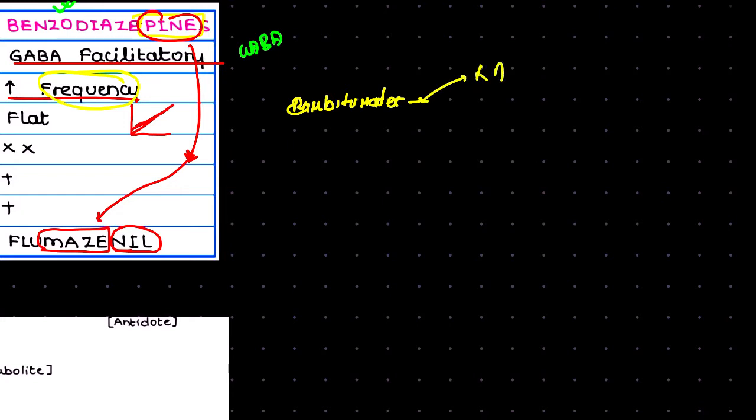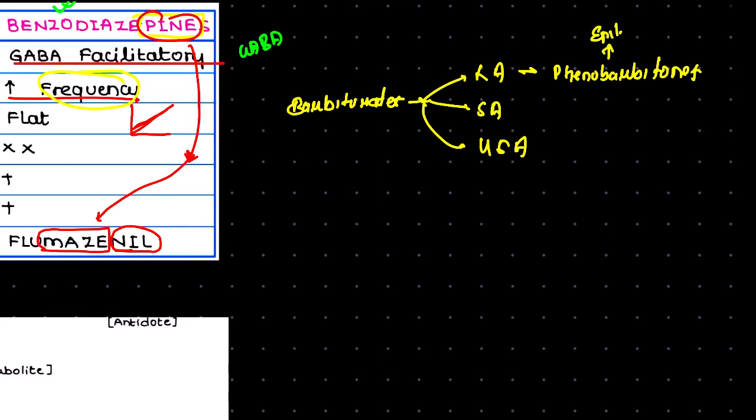One is long acting, another is short acting, another is ultra short acting. Talking about long acting, these are phenobarbitones, and these are excessively used for epilepsy.